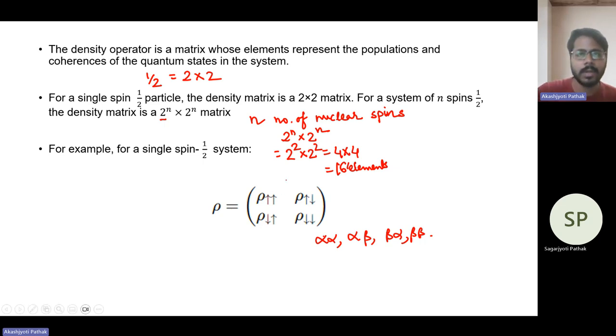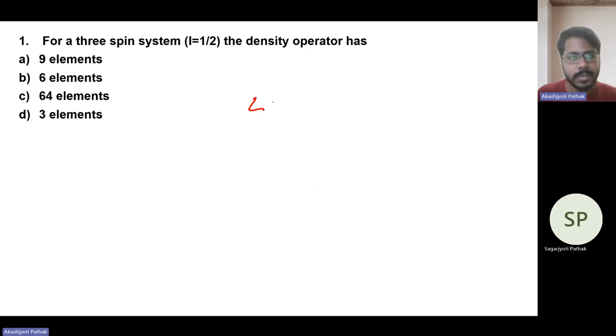Now try to solve this question. For a three spin system, the density operator will have how many elements? Option A, 9 elements; B, 6 elements; option C, 64 elements; and option D, 3 elements. Try to solve this question. You have to apply the concept that I discussed in the previous slide.